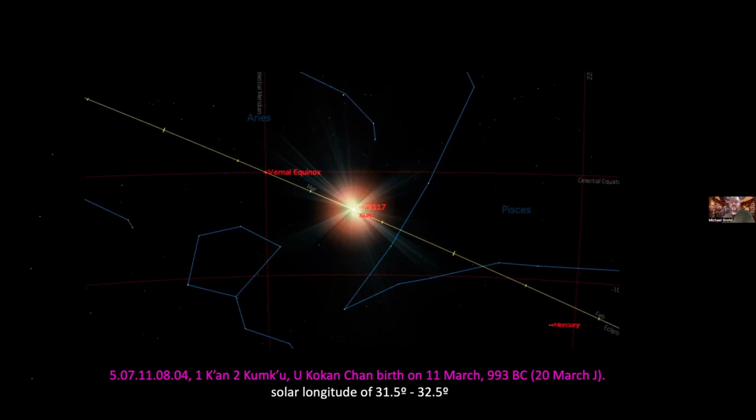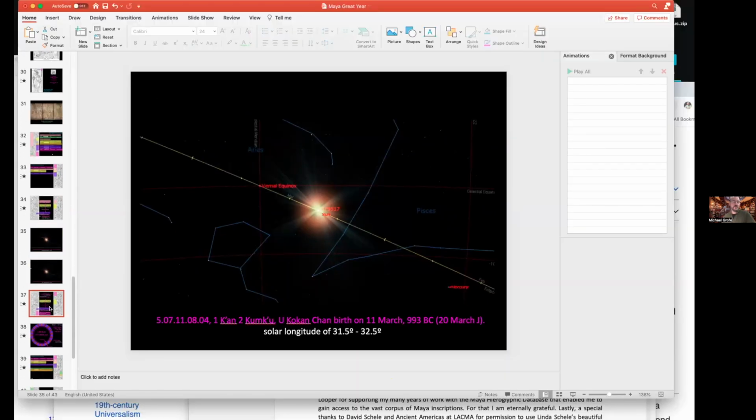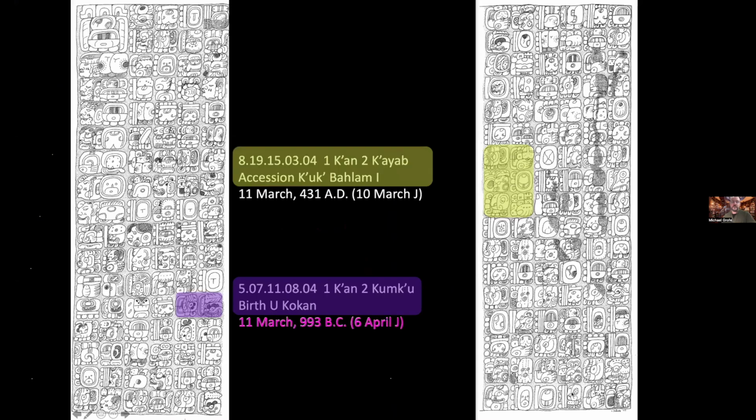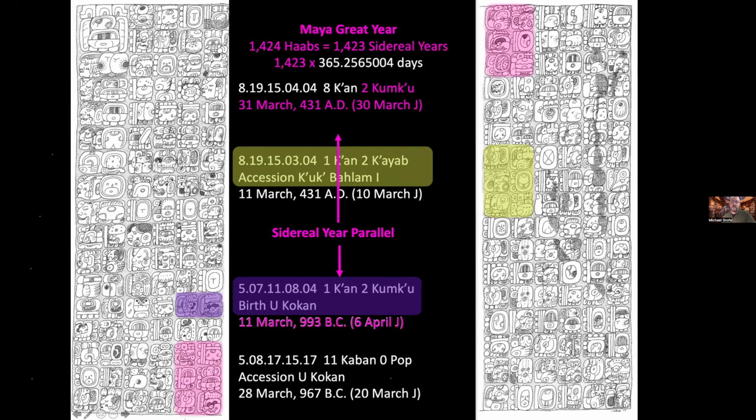I don't want to get into that too much more, but I think that's exactly why they were positioning the Haab New Year at this position. It was the year in which you find that 0 Pope date corresponds to being exactly 180 degrees off of where it was on the era base. And we see the same thing taking place with the tropical year, as Thompson found, and the birth dates of G1, G2, and G3, which I'm not mentioning in this paper.